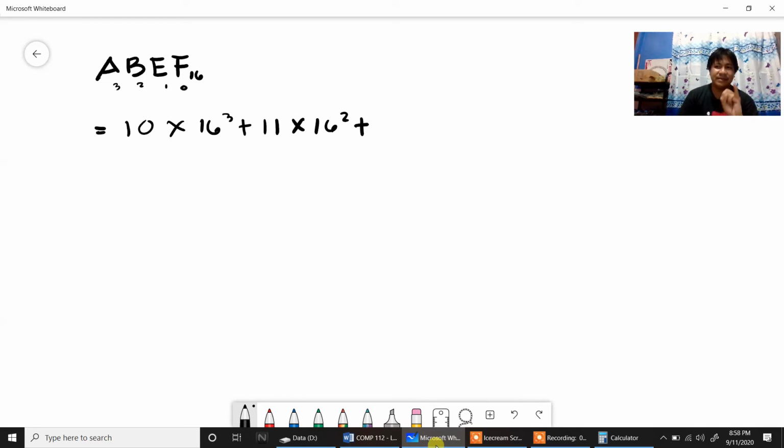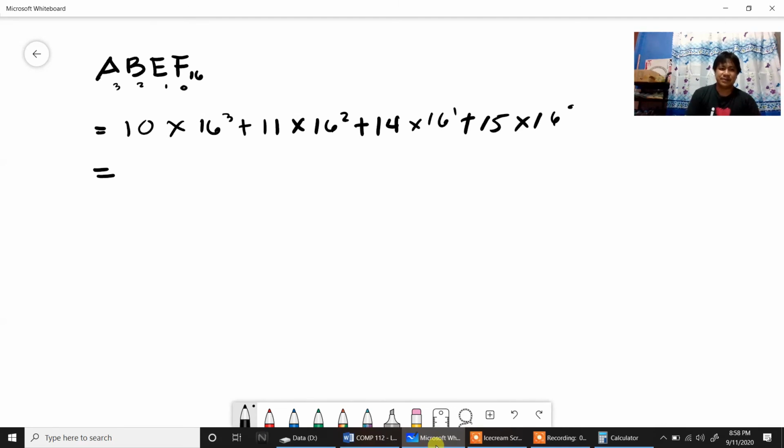B is 11, C is 12, D is 13, then E is 14. Okay?